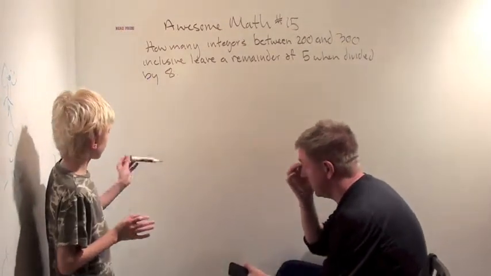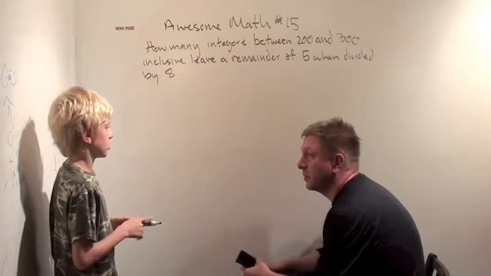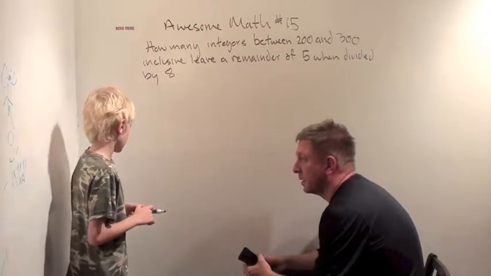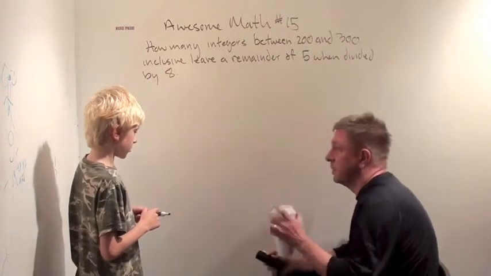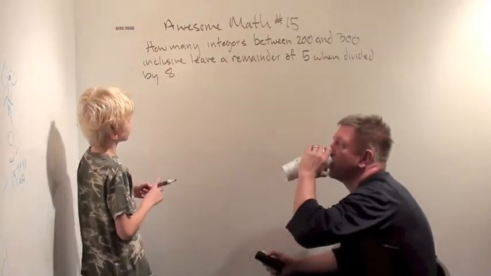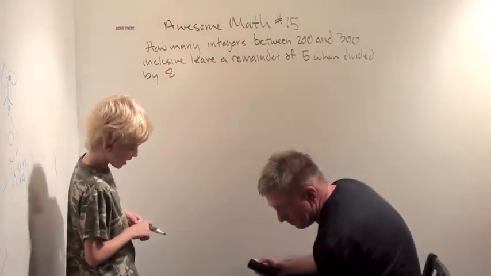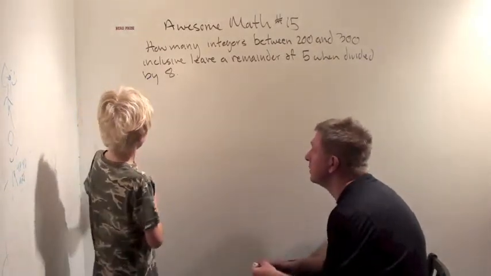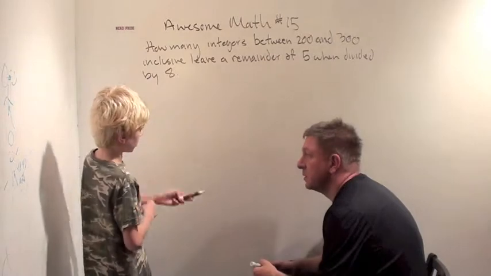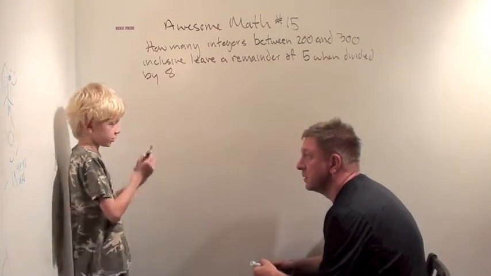Well, let's find out where the list starts. I know 200 is 8 times 25, since 8 times 5 is 40, 80, 120, 160, and 200.